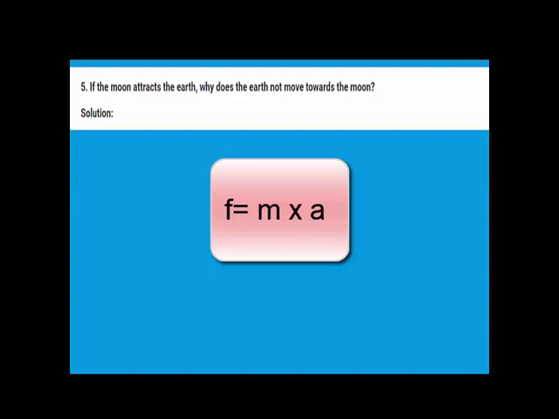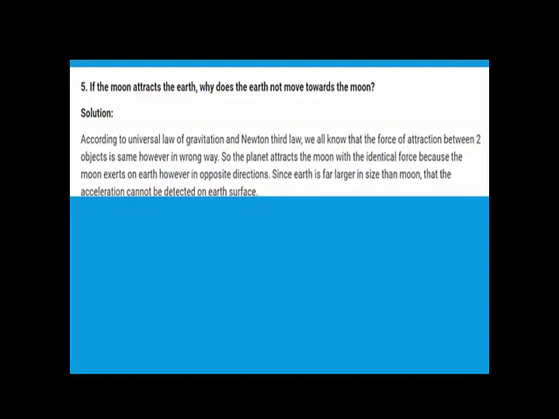What is different between moon and the earth in this formula? Mass. Mass of the earth is more. If the mass of the earth is more, the moon will not be able to attract the earth towards itself because the earth is huge as compared to the moon. So the acceleration will be very, very small. That is the reason.